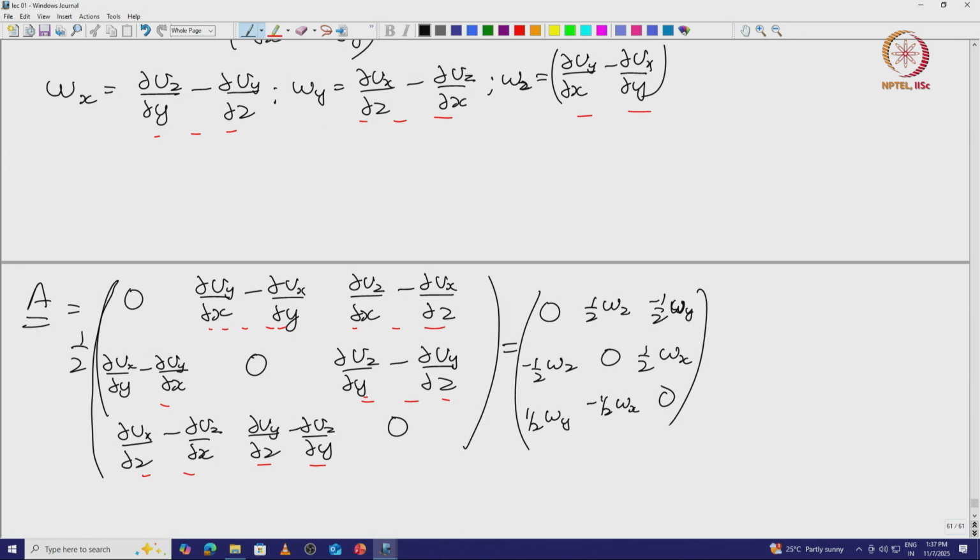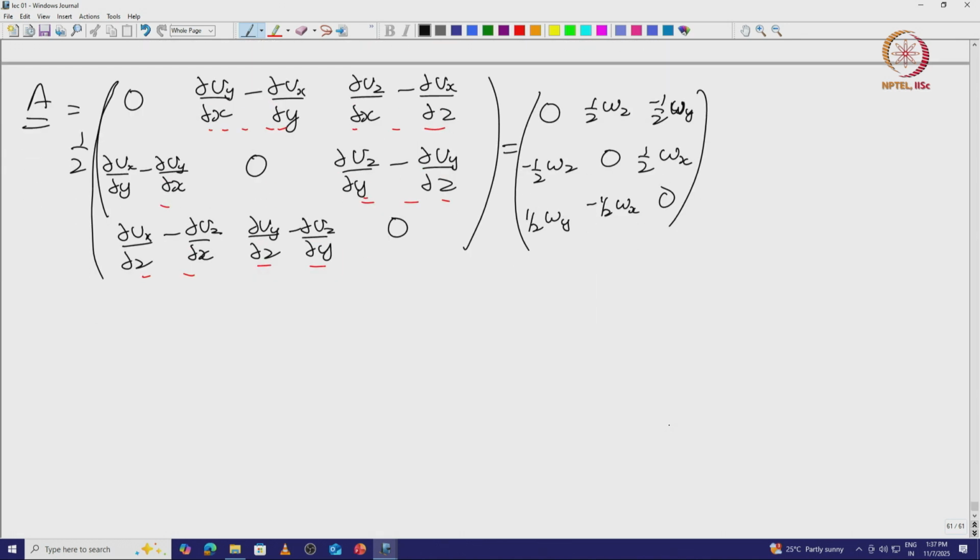So, the three independent parts of this antisymmetric part of the rate of deformation tensor are all related to the components of the vorticity.